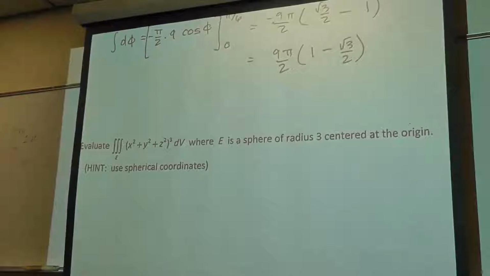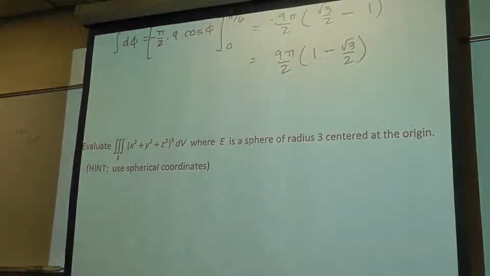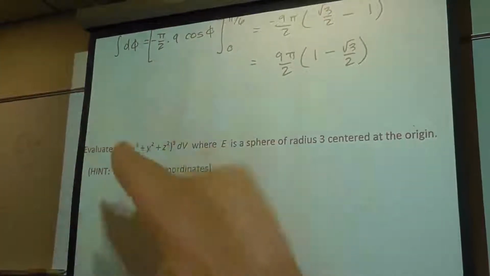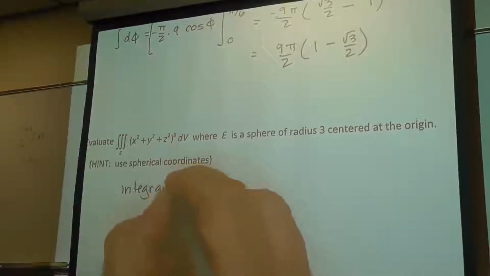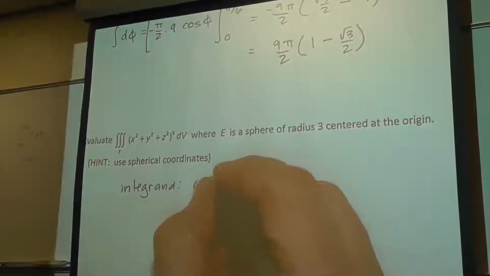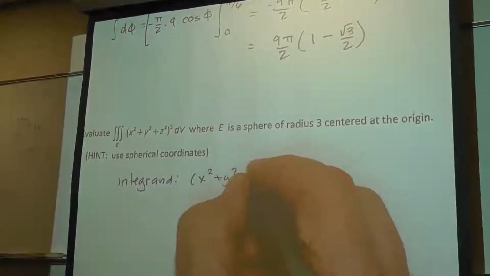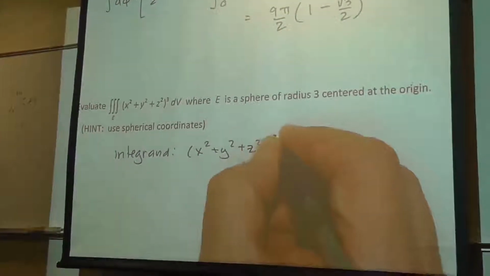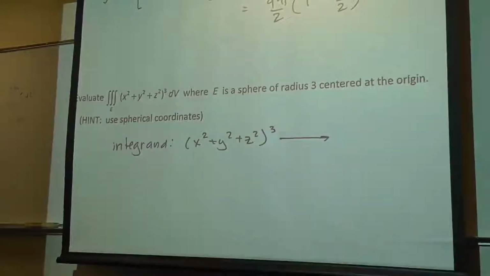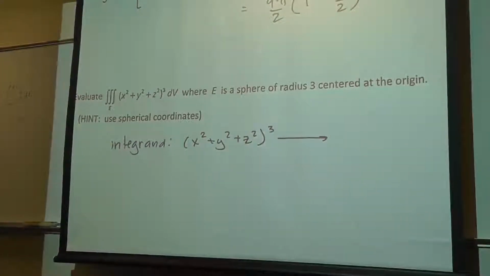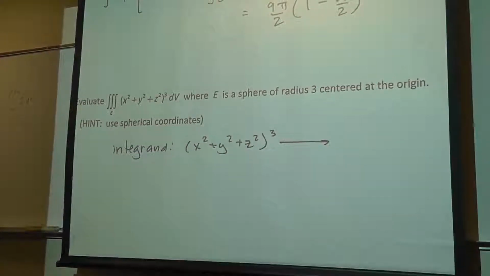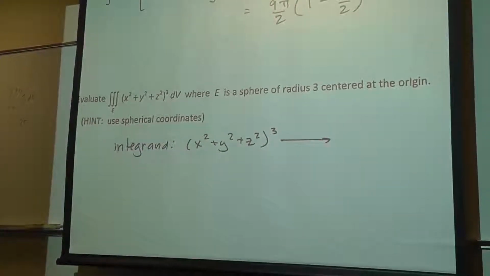So, integrand first. The integrand is x squared plus y squared plus z squared, raised to the third. Converted into spherical, I'd like to think it's pretty smooth, as long as you make this one of your paradigm shifts.